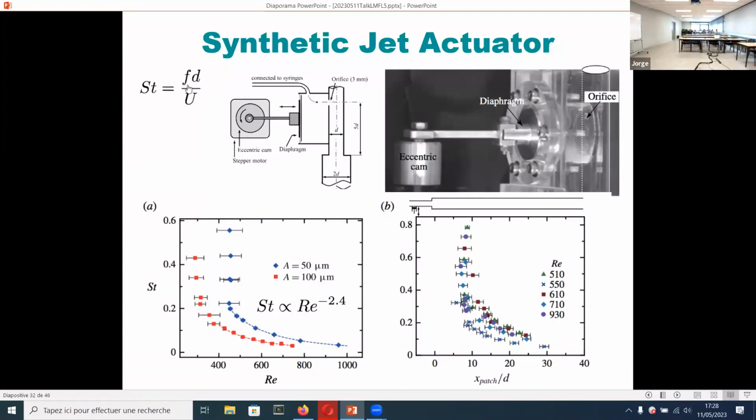So this ST is the dimensionless frequency. If you are below this curve, the oscillation gets damped. And if you are above this curve, the process will get much more abrupt, and you'll create a turbulent patch very quickly. So this movie that I showed you is very much on these points here. If you are above these points, you introduce a disturbance that will grow faster and that will create a turbulence that will develop faster and will get much more disordered. Okay.